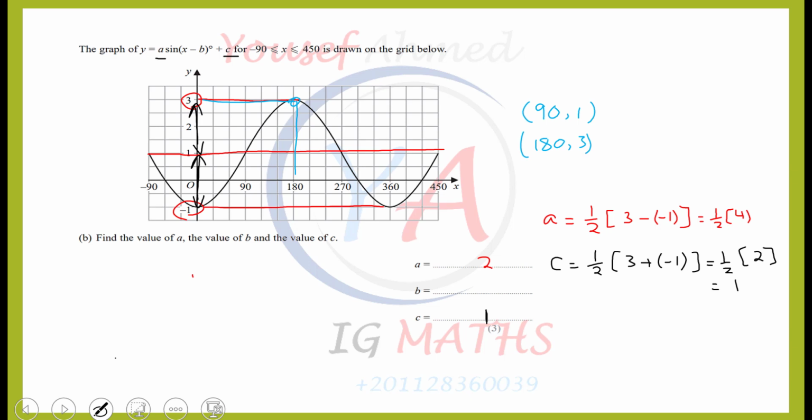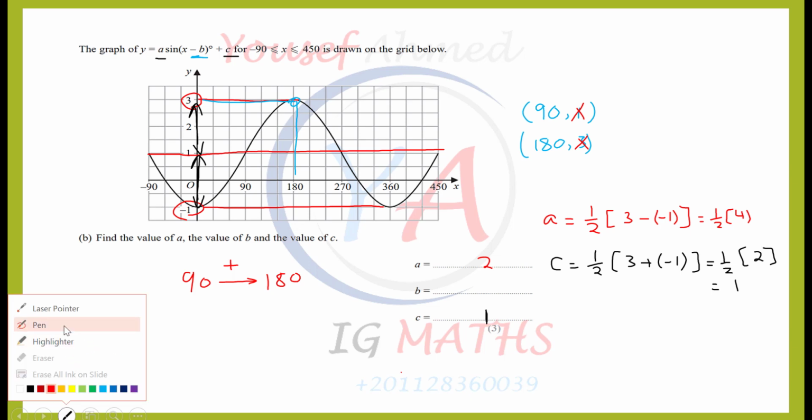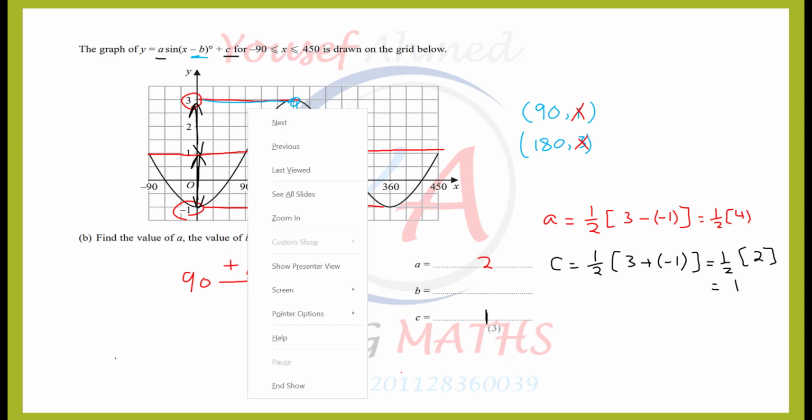Since b is related to the horizontal translation, you care about the x coordinates, not the y coordinates. The main curve is 90, and now it has been changed to 180. We need to know what value was added or subtracted to change 90 to 180. You'll find there is 90 added.